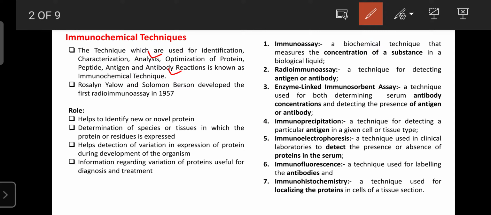Those are known simply as immunochemical techniques. Also, the immunochemical techniques monitor antigen antibody reactions. Nowadays, in the early days, within 2 to 3 days, doctors can identify whether he is suffering from COVID-19 or not. How? Because every microorganism, when it enters our body, acts as an antigen.